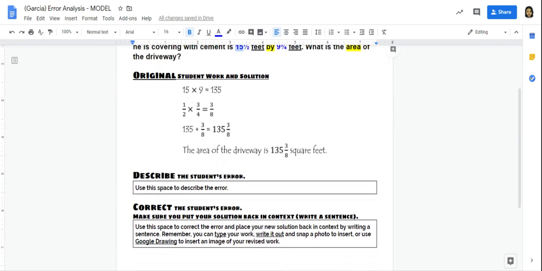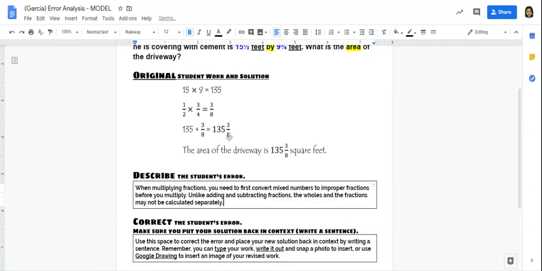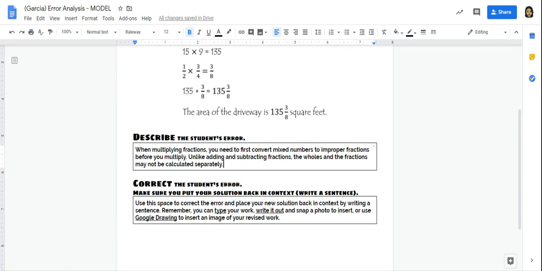So down here where it says to describe the student's error, it says use the space to describe the error. I'm going to delete this. And in Word, I've already typed something up so that you guys don't have to wait for me to type. I've come up with: when multiplying fractions, you need first to convert mixed numbers to improper fractions before you multiply.